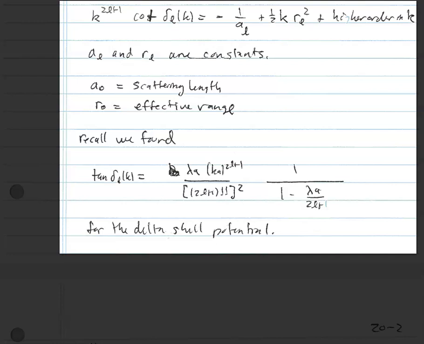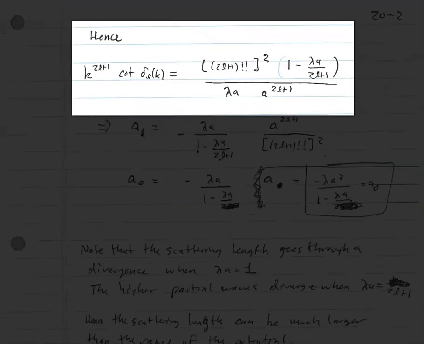Now we can take 1 over that to plug into the formula above, and what we find is k^(2L+1) cot δ_L(k) will equal the quantity ((2L+1)!!)² times (1 minus λa over (2L+1)) divided by λa times a^(2L+1). We can extract from this what a_L is.